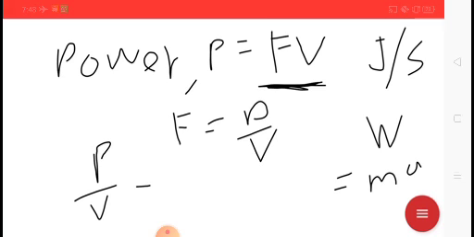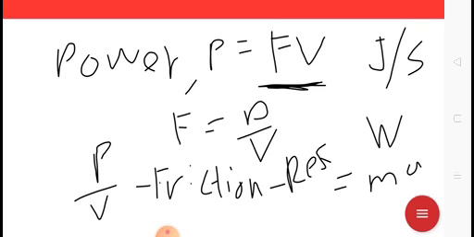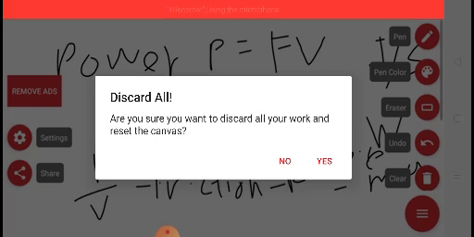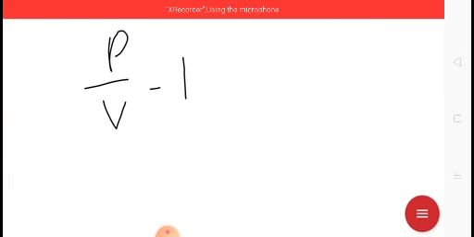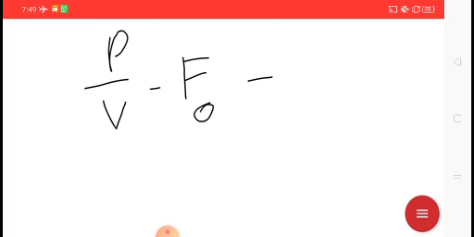All the opposing forces can be friction, can be resistance, or any forces opposite to the direction of movement. So if I simplify, P over V minus F, where I put F as opposite to the direction of movement, is equal to ma.